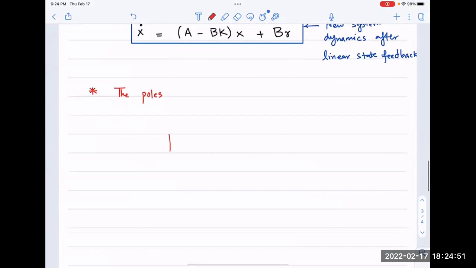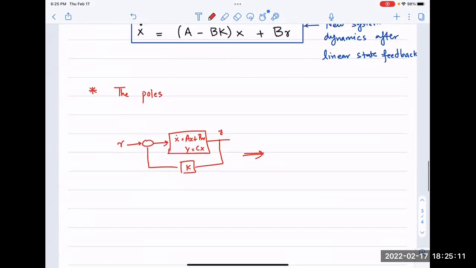My point was that if there is a system with R, and let's say there's a K here, and x dot is Ax plus Bu, you can always convert it into a new system where you change the state. You assume x star is r minus x.